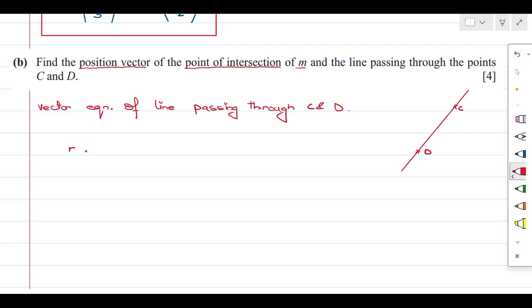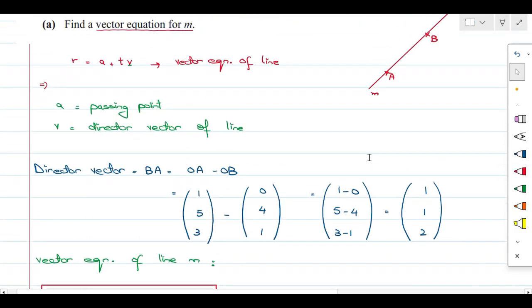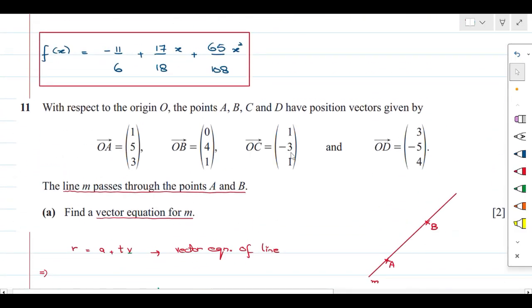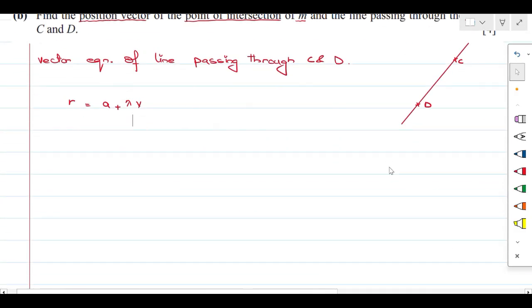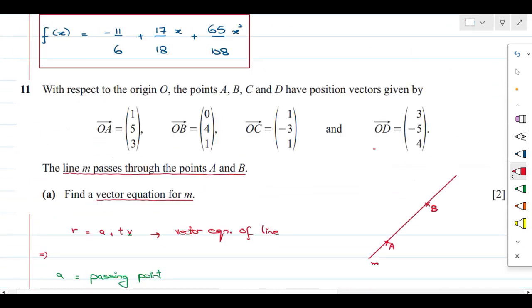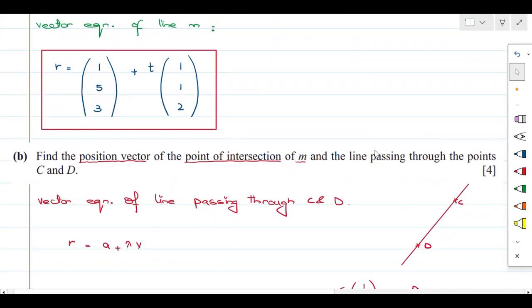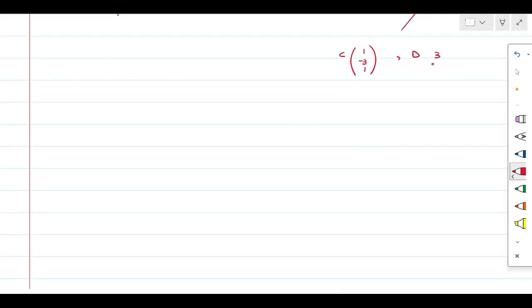Again r equals a plus, we already used t, so we can use lambda times v. a is the passing point and v is the direction vector, right? You can take the passing point as C or as D. C is (1, -3, 1). And D is (3, -5, 4). This is the point D.